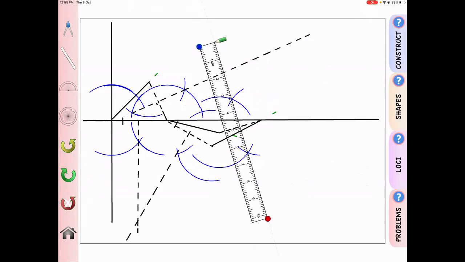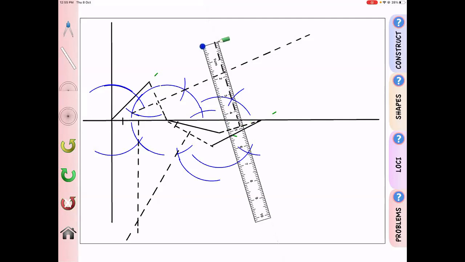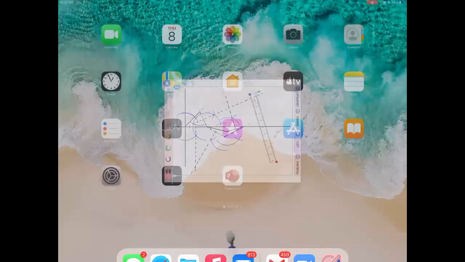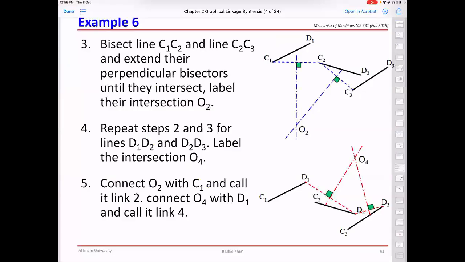Okay. Okay, so we got O4 as well, okay? So please remember the downward on the left-hand side, the intersection point of these two construction lines is O2, and above, the intersection point of these two construction lines is O4, right? Okay. So we got till O4, okay?